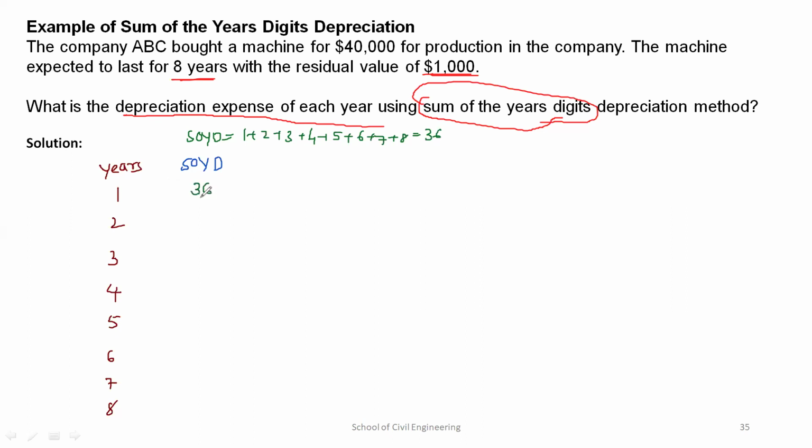Sum of year digits is 36 for every year. Now, what is the residual value? The residual value is $1,000, right? Already given.